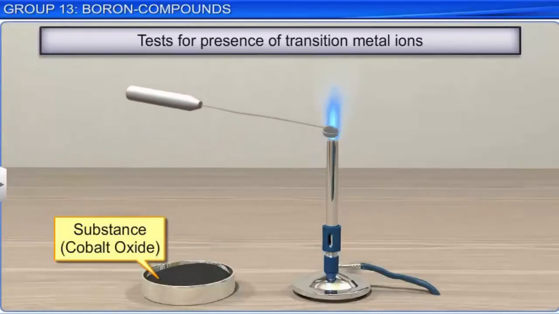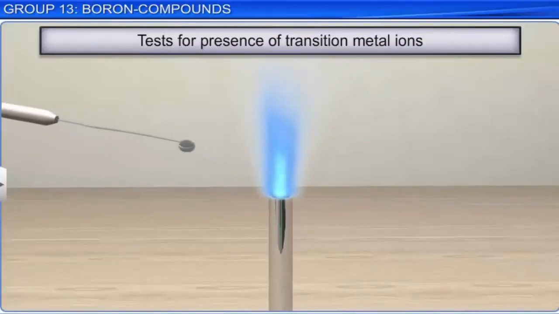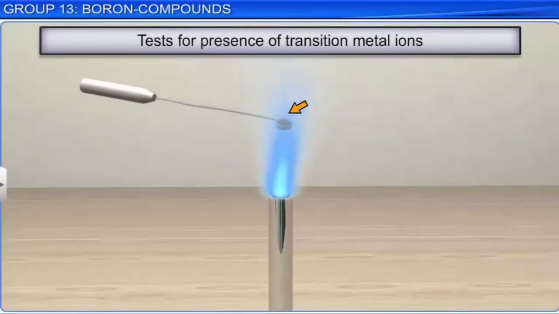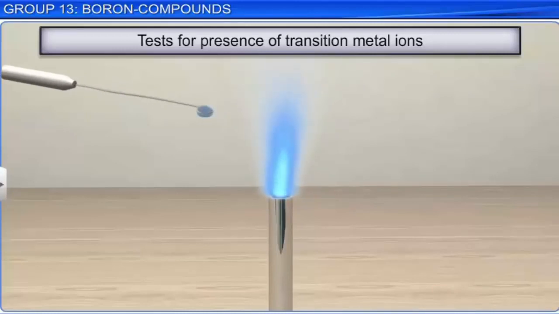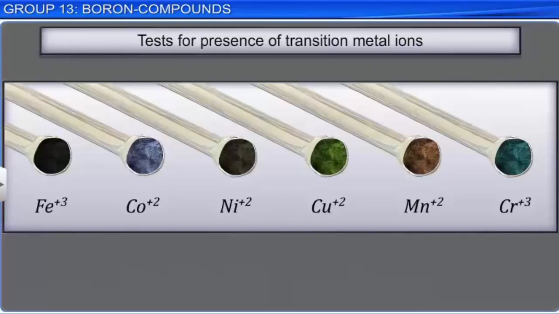Then, it is held in the lower part of the flame, allowed to cool, and then heated in the upper or oxidizing part of the flame. The formation of colored metaborates of transition metals identifies the presence of transition metal ions. For example, cobalt ions give a blue-colored bead in this test.